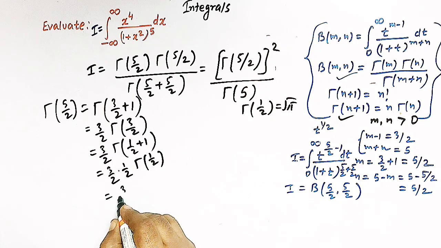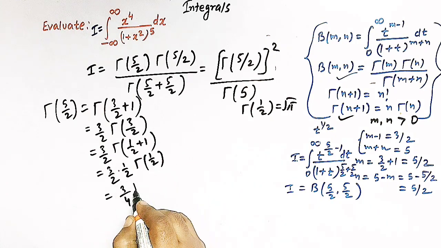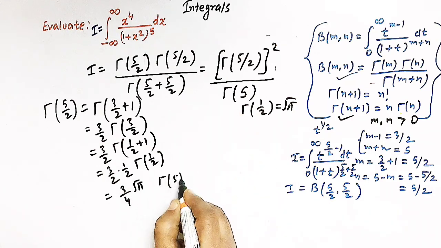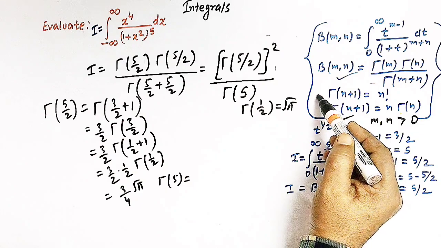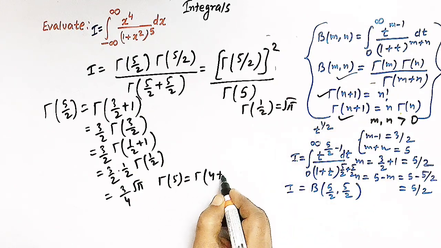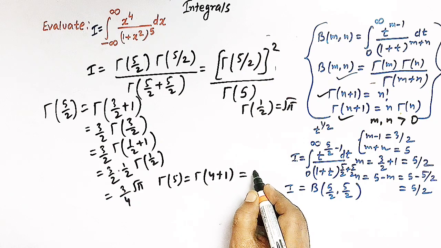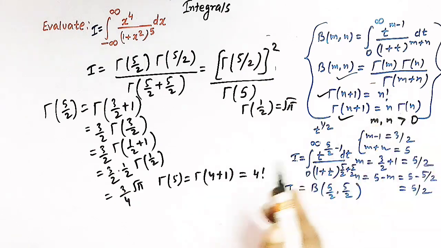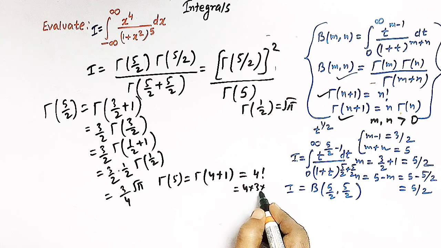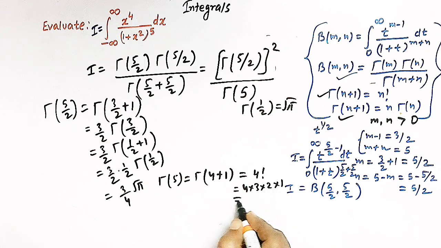So we have 3 over 4 square root of pi, and gamma 5 can be obtained by using this result. We can write gamma 5 as gamma 4 plus 1, that is equal to 4 factorial, right? And 4 factorial is 4 times 3 times 2 times 1, that is equal to 24.